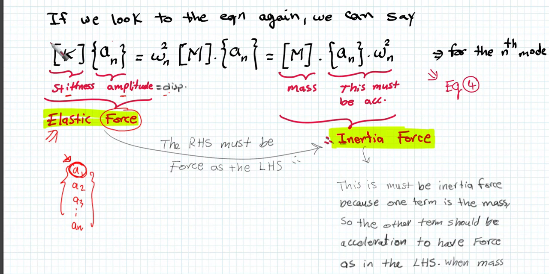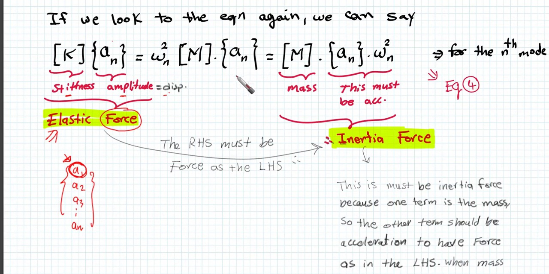So the left hand side of this equation is stiffness multiplied by amplitude or displacement, which means physically it is elastic force. Okay, now let's have a look at the right hand side, which is omega n squared times the mass matrix times the modal amplitude vector.